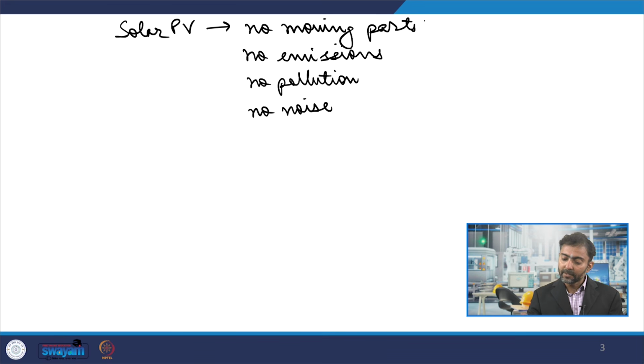So due to these reasons, there are no moving parts, no noise, no emissions, no pollution, and also it is just a single stage conversion.